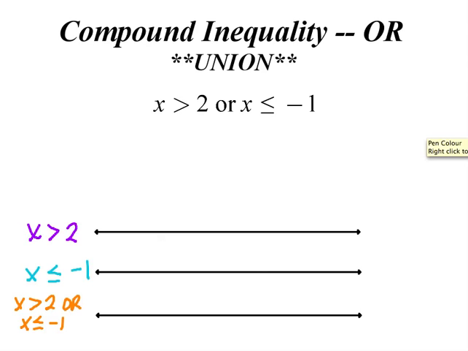So if I do my number line, I'll do 0 here, do -1 here, and then I'll do 2 here. So now x is greater than 2.